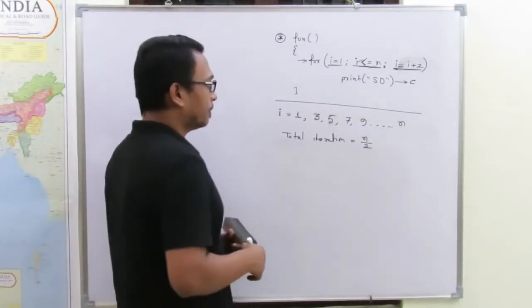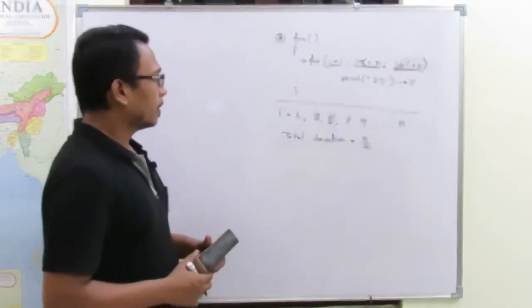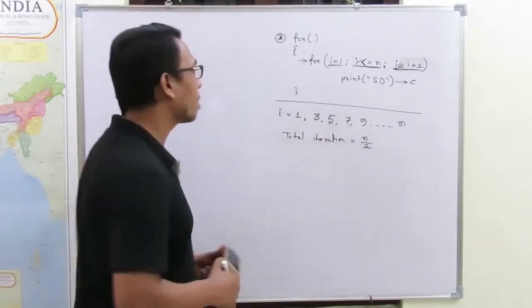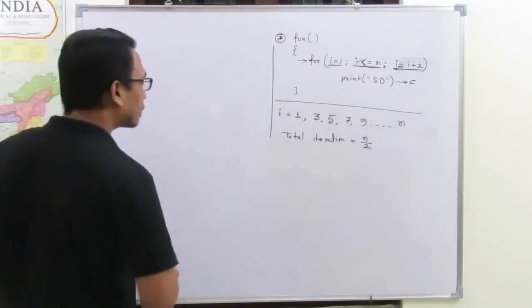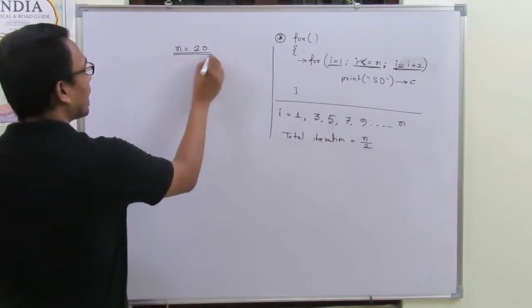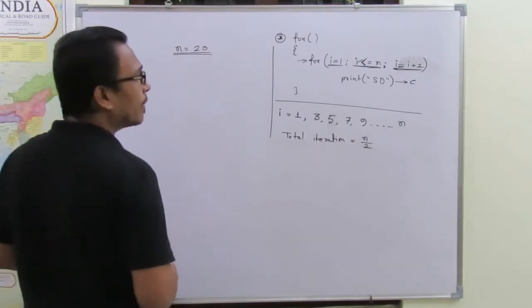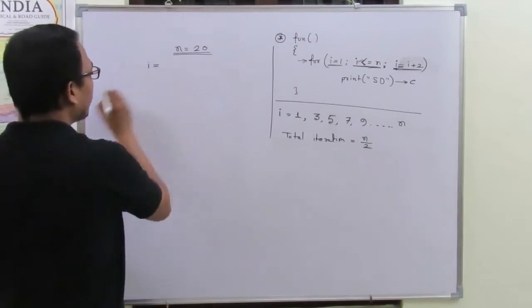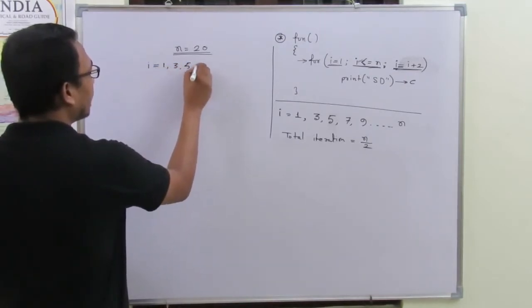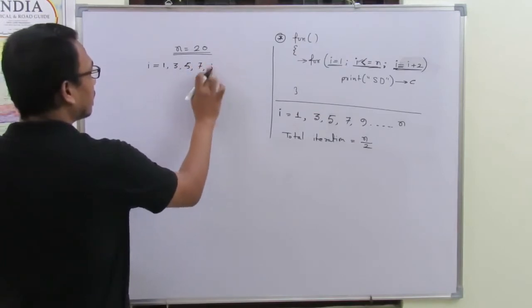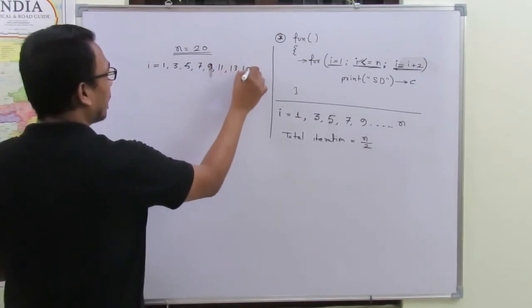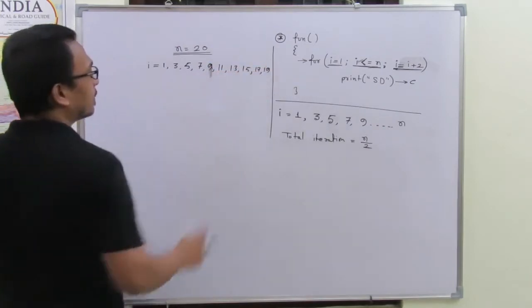Now the total number of iterations we can also observe by using a simple example. Let's take n = 20. So what happens? The value of i will be 1 and then 3, then 5, then 7, then 9, then 11, 13, 15, 17, 19.